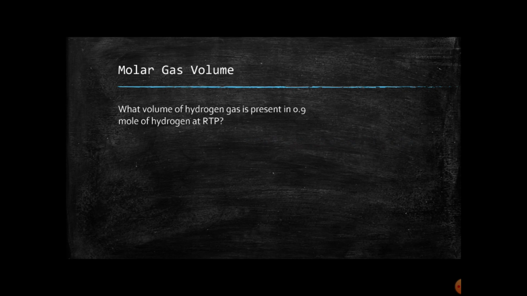Our second example says, what volume of hydrogen gas is present in 0.9 moles of hydrogen at RTP? Again, we would start by writing our statement, and because it's at RTP, this time it would say 1 mole occupies 24 dm cubed. We would again write the information that we have, use an x for our unknown, cross multiply to solve.